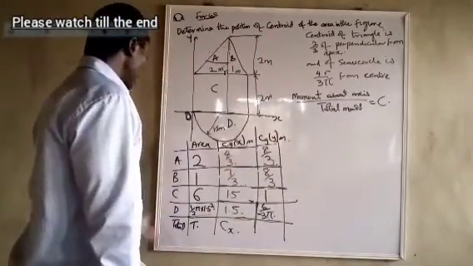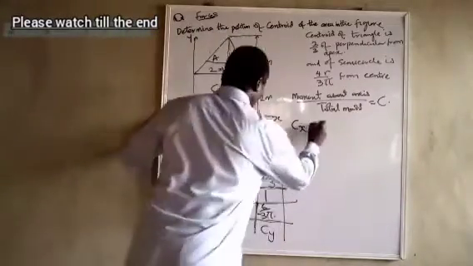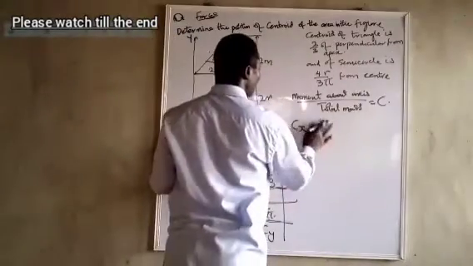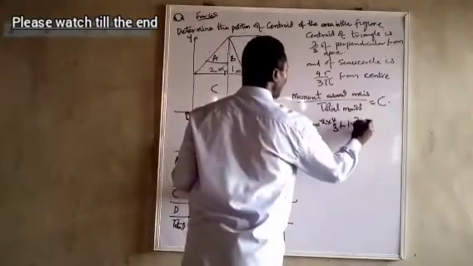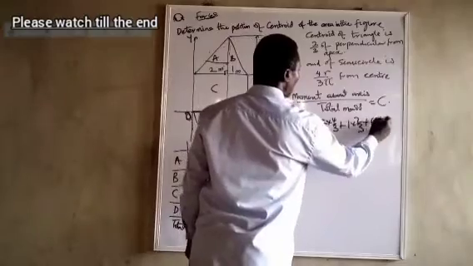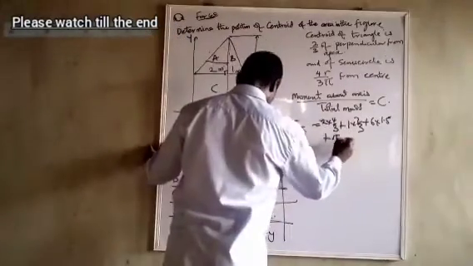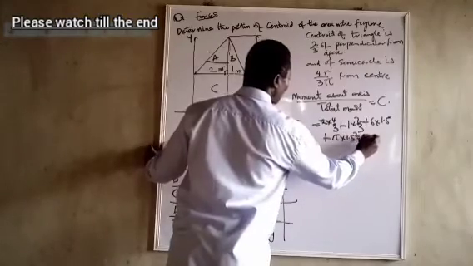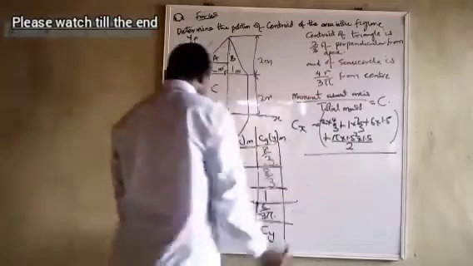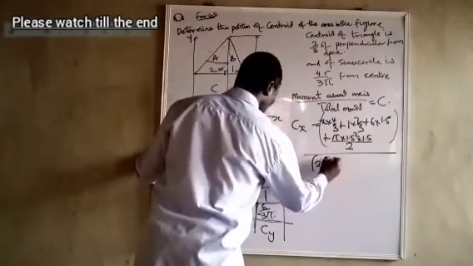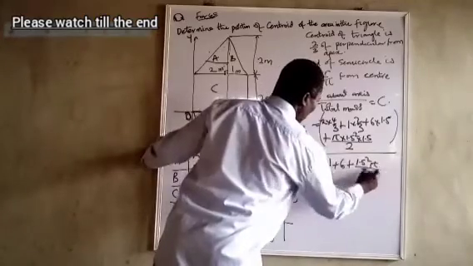Now let's take moment about x. Let's call this one cx. It will be equal to 2 times 4 over 3 plus 1 times 7 over 3 plus 6 times 1.5 plus 1.5 squared times pi over 2 times 1.5. Let's divide by the total: 2 plus 1 plus 6 plus 1.5 squared pi over 2.